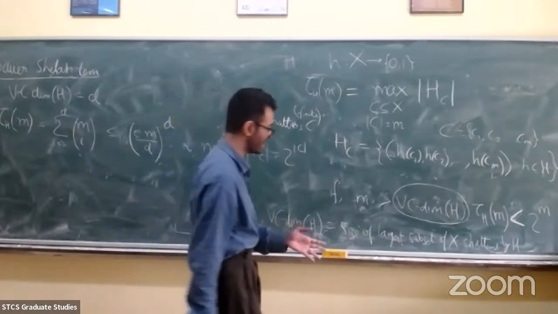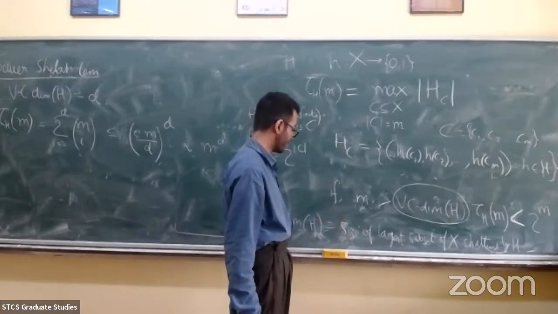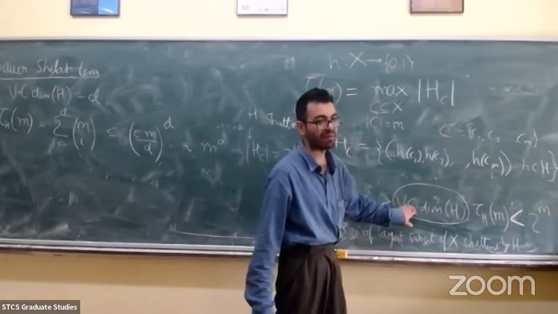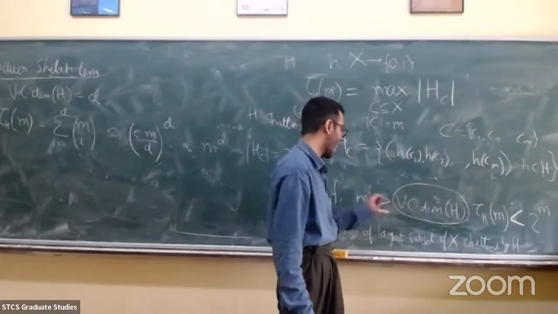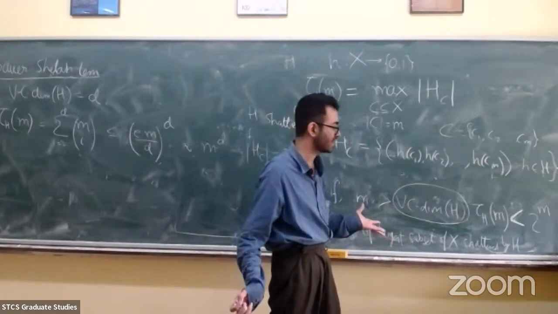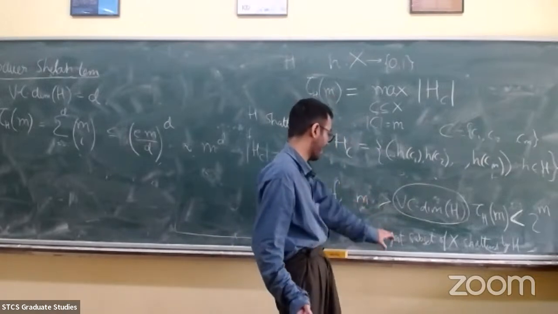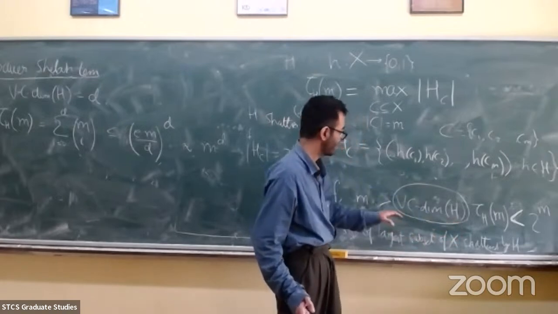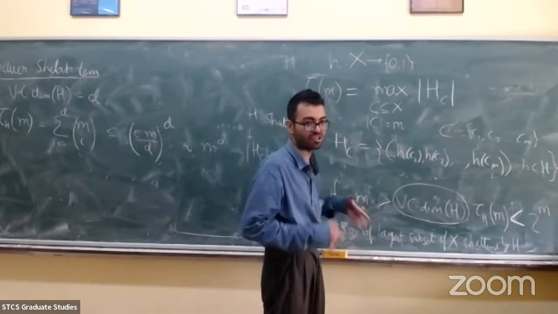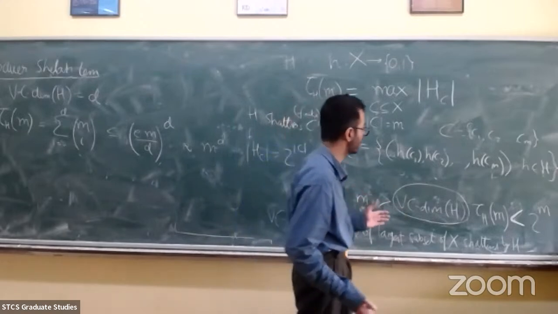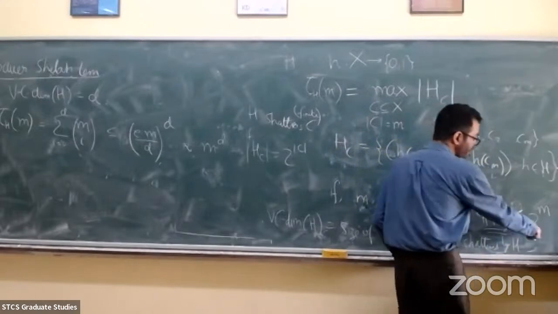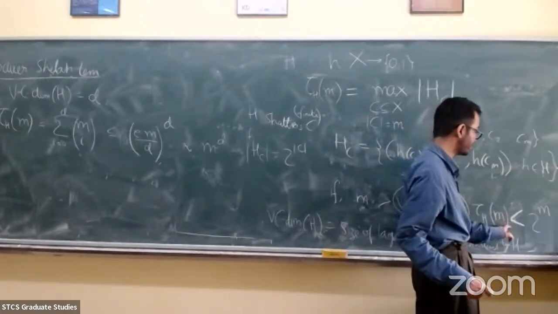Okay, well, it's trivial, right? I just said that the VC dimension is the biggest subset which is shattered by H. So if M is bigger than the VC dimension, then any subset of size M is not shattered by H, because the VC dimension is the biggest thing which is shattered. If you go beyond it, then it is not shattered, which means that tau_H of M cannot be equal to 2 to the M. It will always be strictly less.